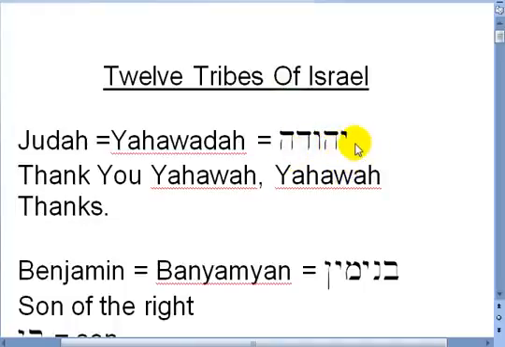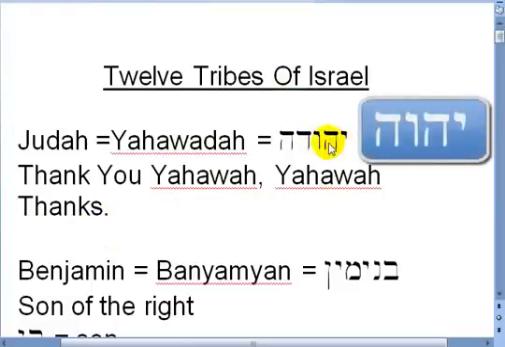All right, so you have a Yah, Ha, Wa, Da, and a Ha. Yah, Ha, Wa, Da, Yahweh. You see it right there. Judah, which means thank you Yahweh, or Yahweh thanks. Yahweh here is another short form of the Most High's name, because the Most High's name in the Hebrew is a Yah, a Ha, a Wa, and then another Ha.